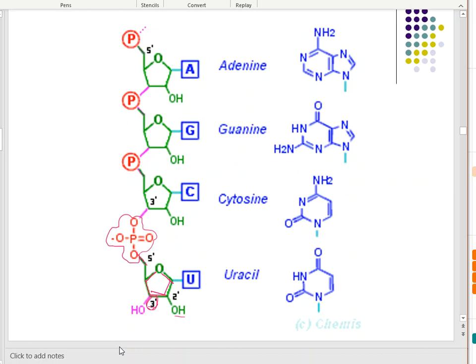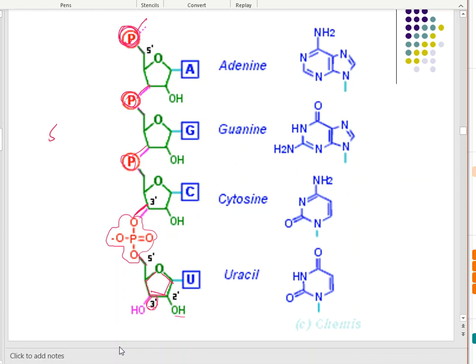Well, that phosphate group is going to attach to another base on a sugar, and it's going to attach at the 3' position. And then that phosphate at 5' goes to 3', and that phosphate at 5' goes to 3', and this phosphate at 5' will eventually go to a 3' sugar.